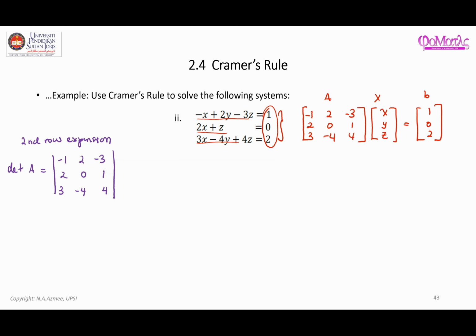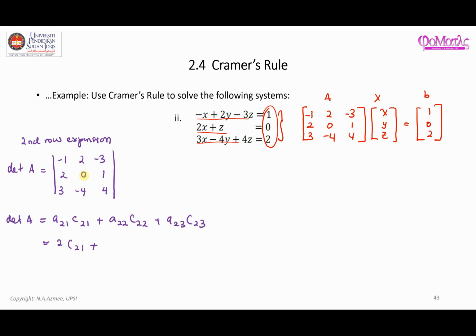Therefore the determinant of A can be found if you consider this position here. So we have A21 with cofactor C21, and then A22 with cofactor C22, and this one here is A23 with C23. Well, the value of A21 is 2, so you need to find the cofactor of it.